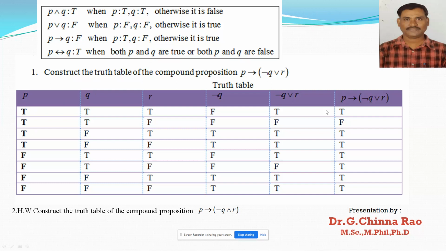In a similar way, we have to fill false, true. It is true. So simply keep this in your mind and fill this table. That's enough. This is known as a truth table.